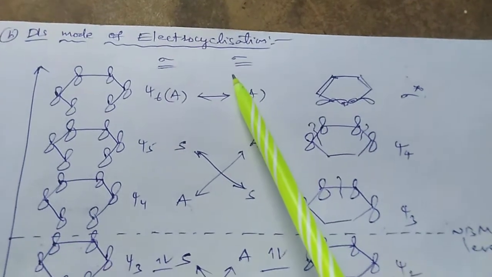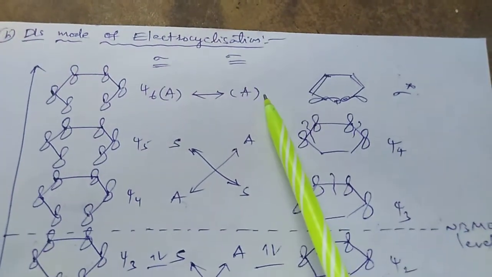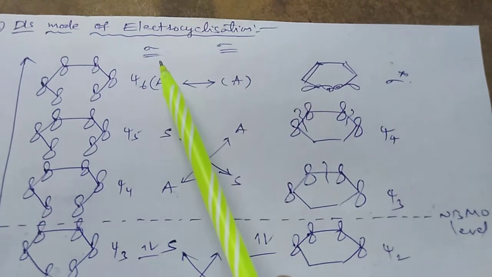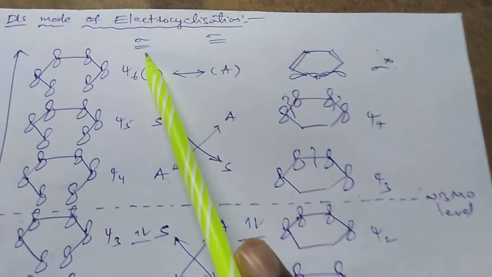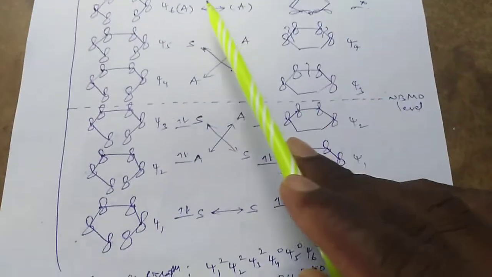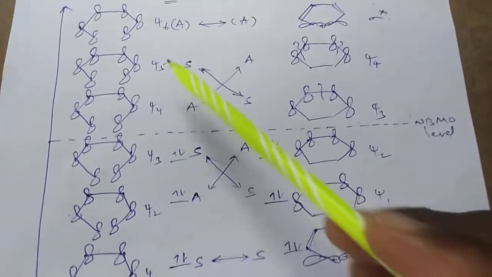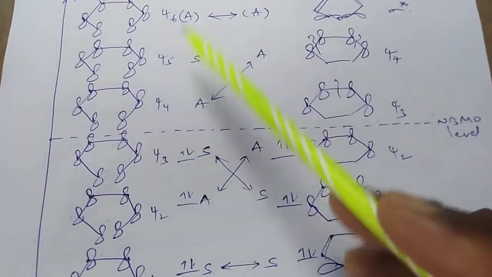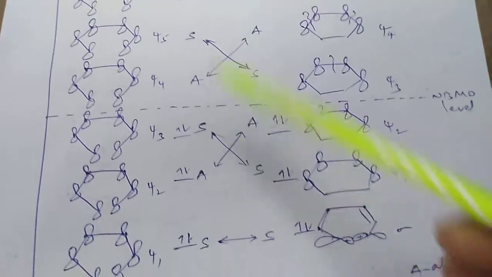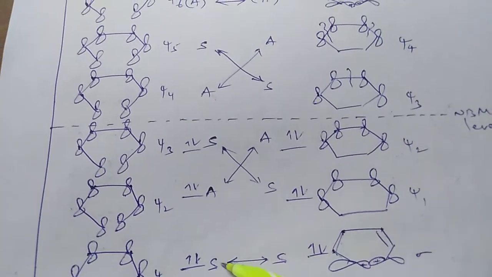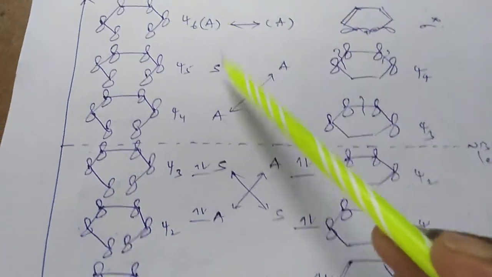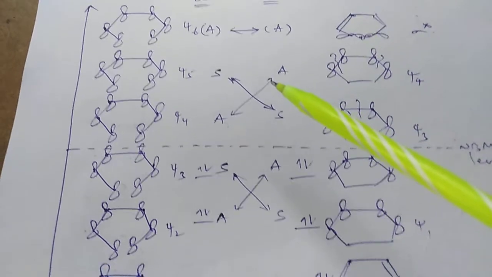Next, this mode of electrocyclization, disrotation. Throughout the reaction, due to this mode, there is only a mirror plane, that is sigma. It also has 6 molecular orbitals, Psi1, Psi2, Psi3, Psi4, Psi5, Psi6. Psi1 is S, then A, S, A, S, A, alternating symmetry elements.